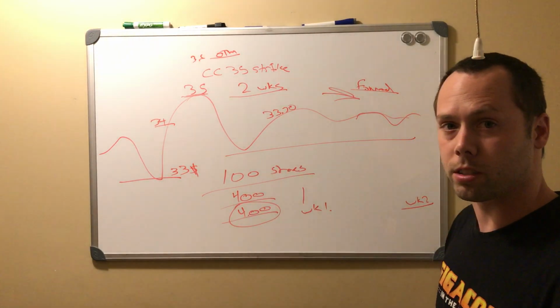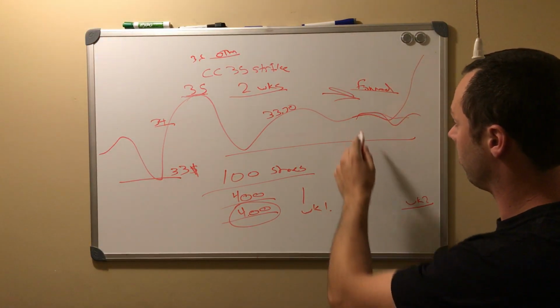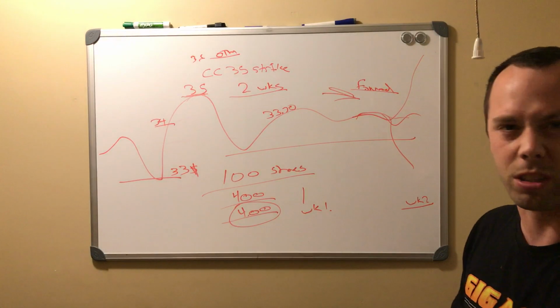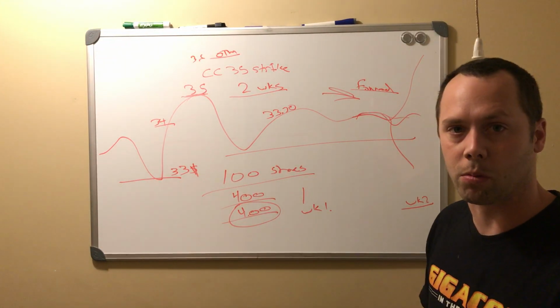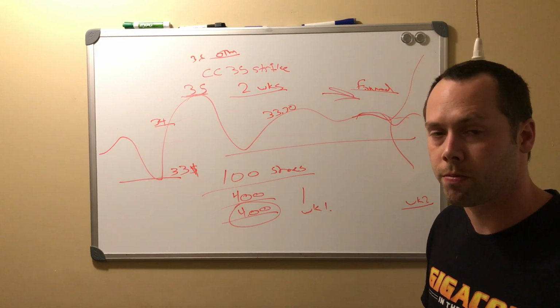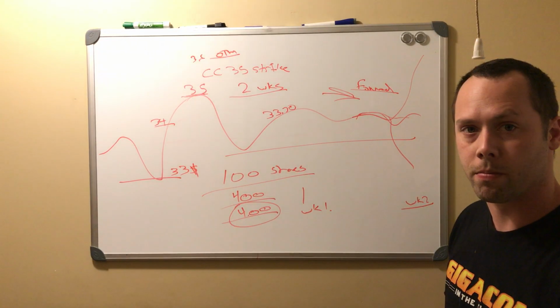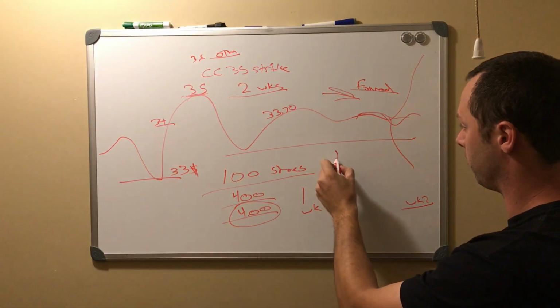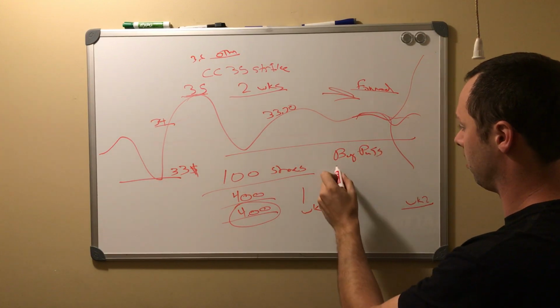Well, let's say, for instance, that we think the stock could go up or it could go down. There's some indicator in here, maybe volume's drying up, and we're just like, I don't know where it's going to go. This is where you can use some of this premium to buy puts or buy a call.